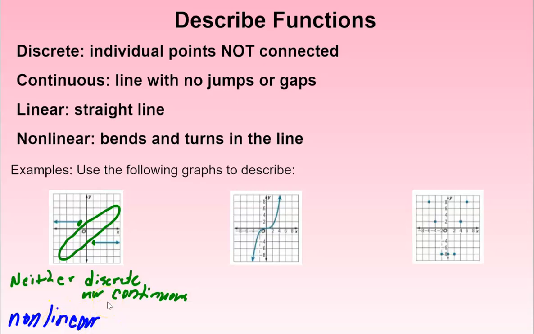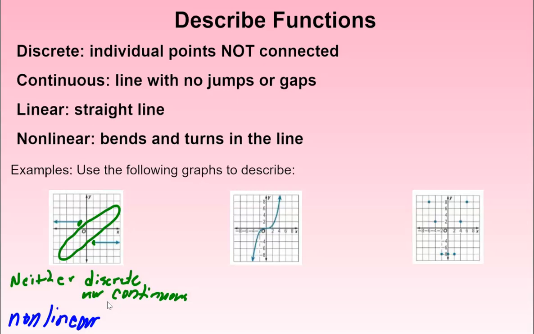Now, if you're only looking at the line itself and say, well, this first part is linear, this part is linear, that could be the case, but because we're taking the whole thing as a whole, because there is a jump or a gap, it can't be linear because there is a change in direction there.